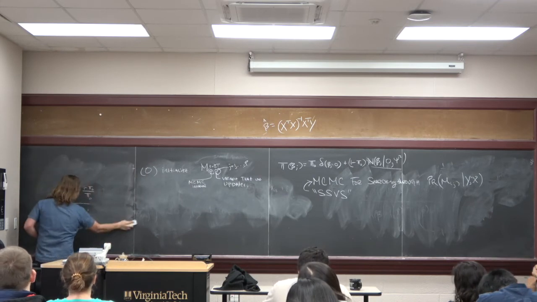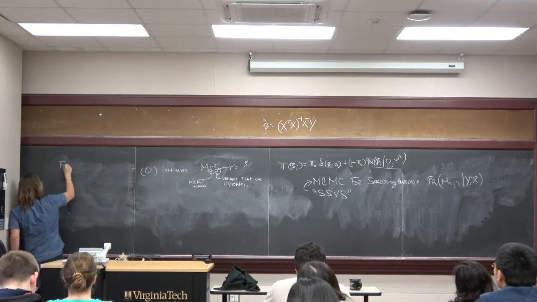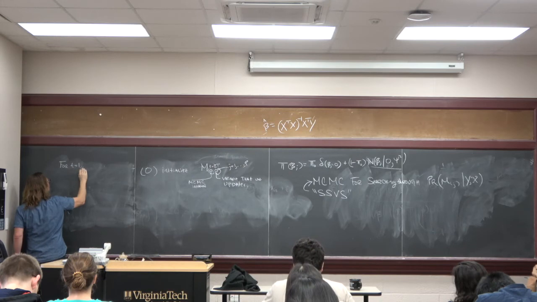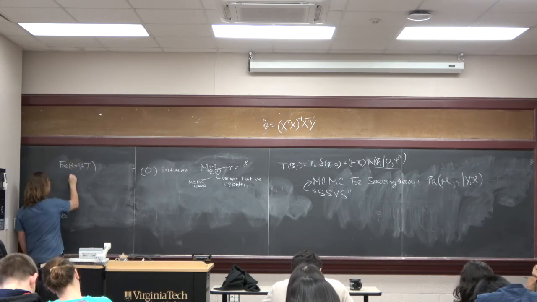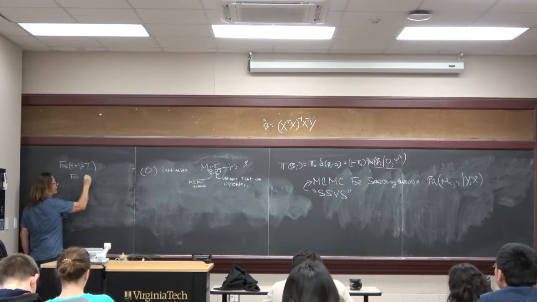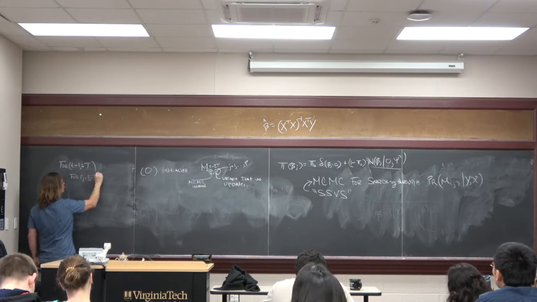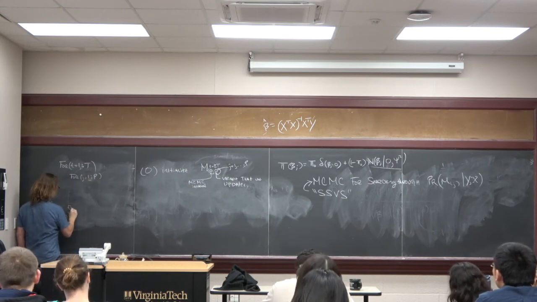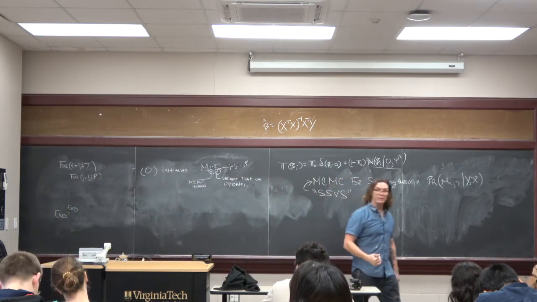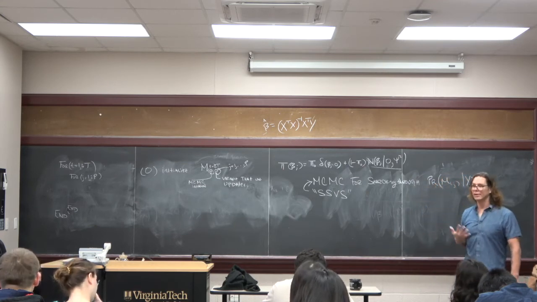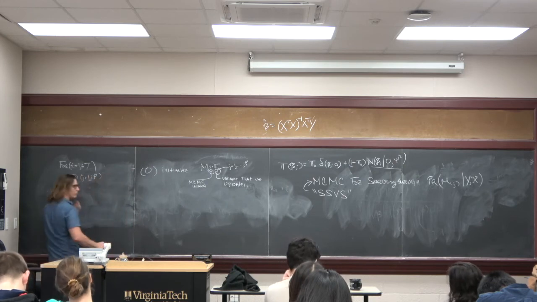So here's my algorithm. For t goes from 1 to cap T, for j goes from 1 to p. And all I'm going to do inside this loop is keep flipping coins with these probabilities that I can compute. And so I'm going to have a model t. So up here I have my first model.